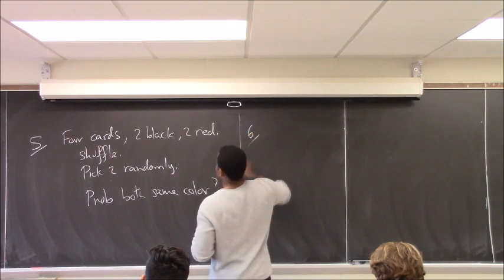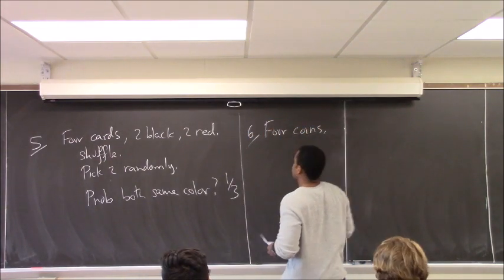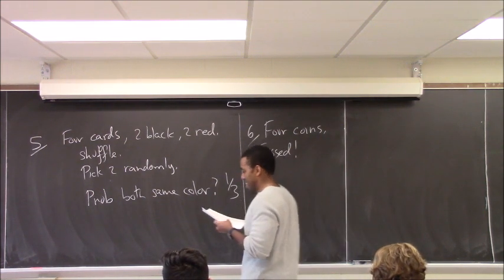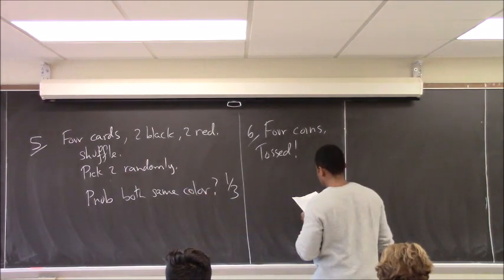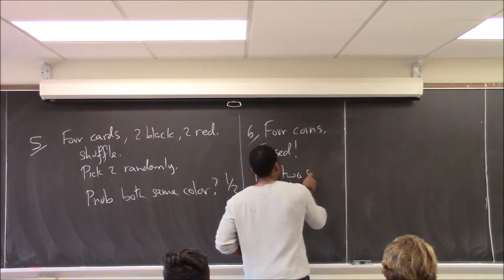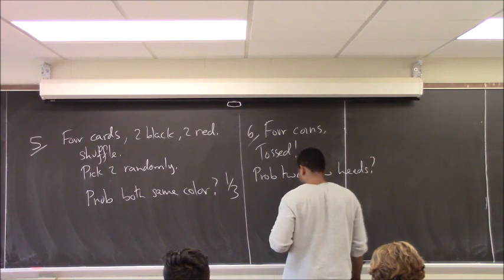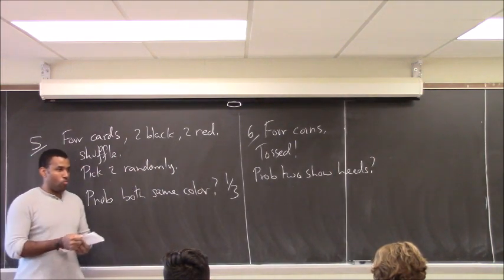Okay. Similar. 4 coins this time. Take 4 coins. Throw them on a table. Probability to show heads. Think about that.